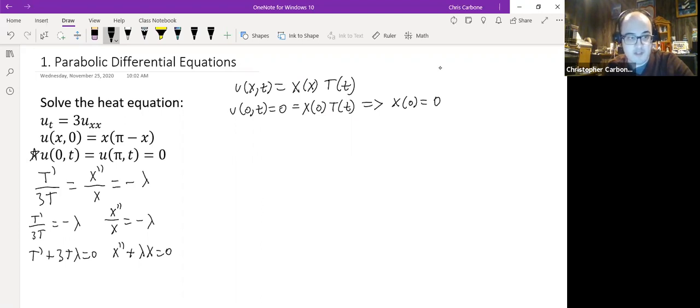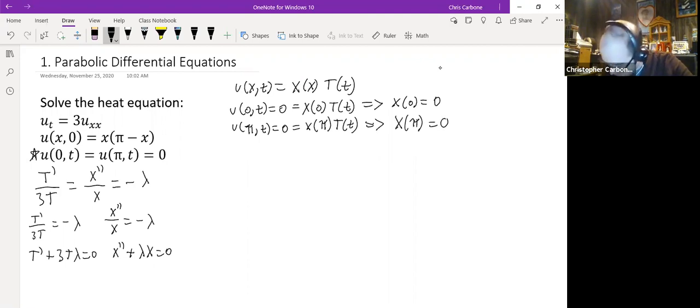Likewise, we have u of pi comma t. That's also equal to 0, so this would be x of pi times t of t. And then, once again, this implies that x of pi is equal to 0, based upon those boundary value conditions that we have.